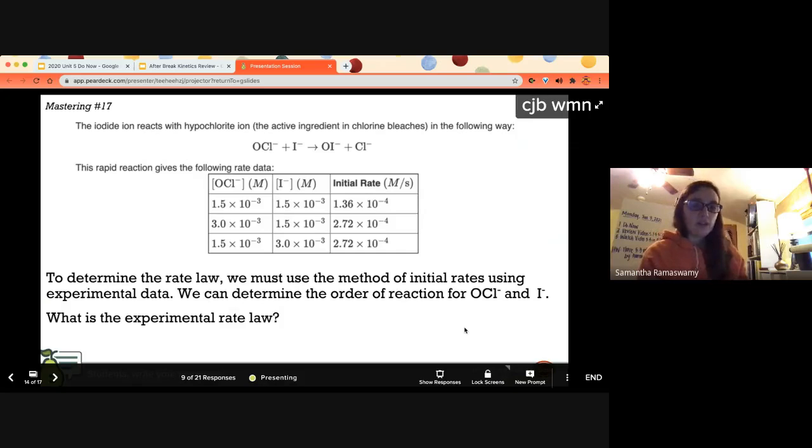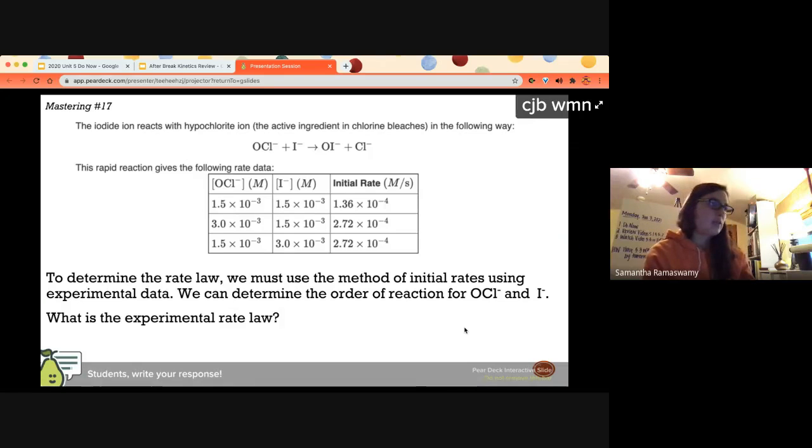Using that information, what is the experimental rate law? You can plug in OCl minus, I minus. If it's easier just to use variables, you can as well.